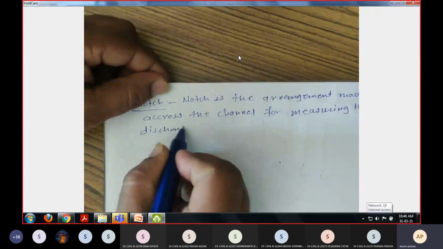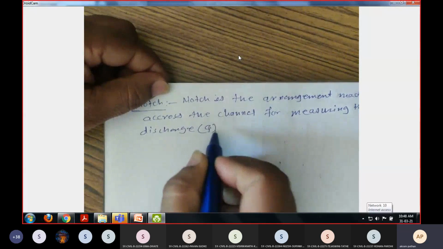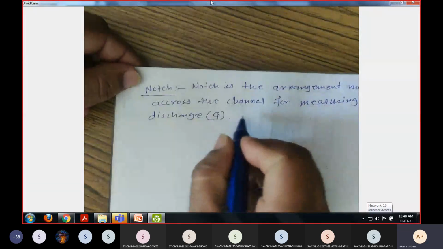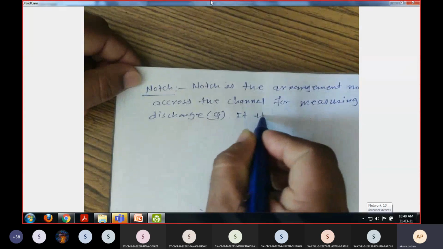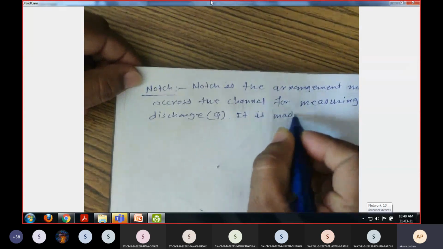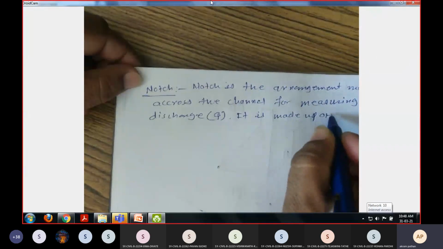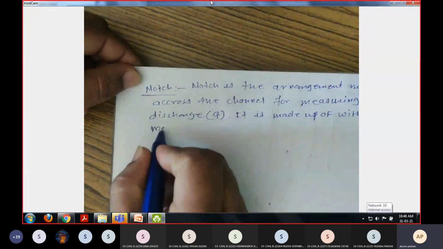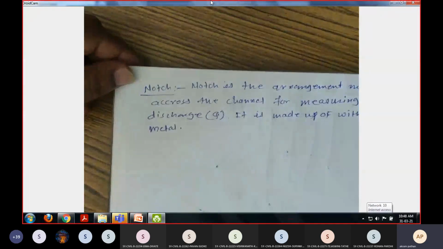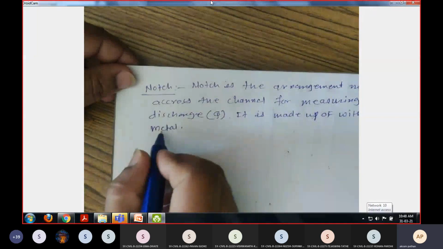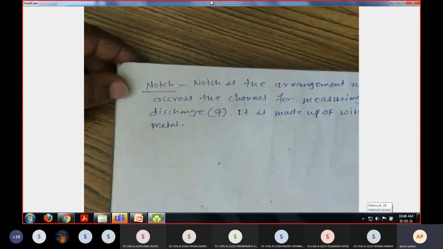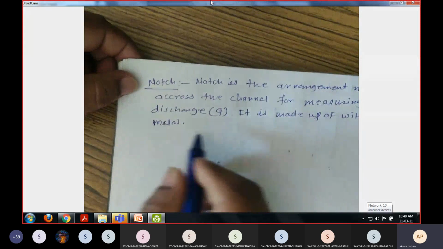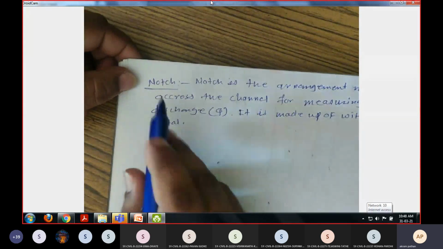Discharge we have to measure with the help of a notch. It is made up of metal. A notch is constructed with the help of metal, that is iron or steel, any type of metal we can use.